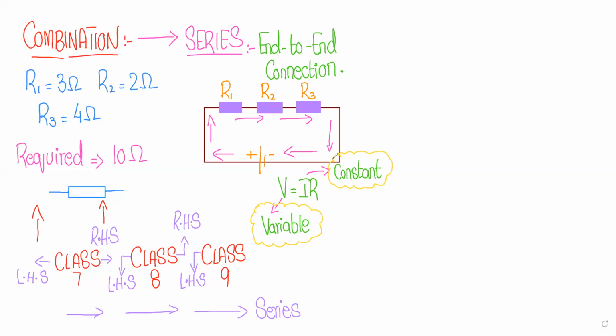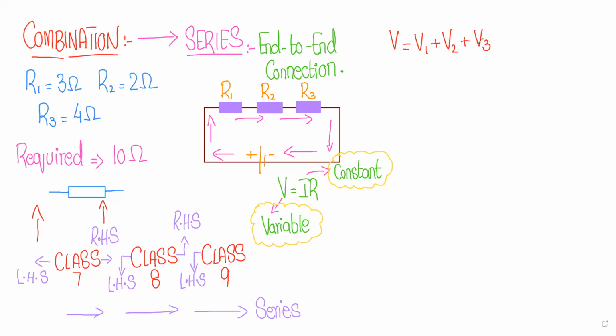So suppose we are going to find the resistance, so let's try to find the final resistance. We know that the current is constant, only the value of voltage is variable over here. If we take the total voltage as the sum of individual voltages like this, V1, V2, V3, these are the voltages of the individual resistances, right?